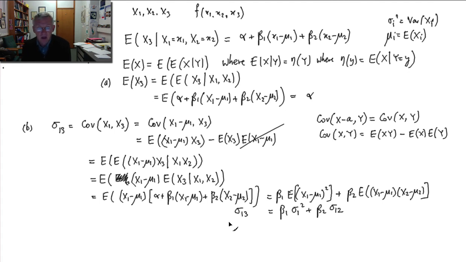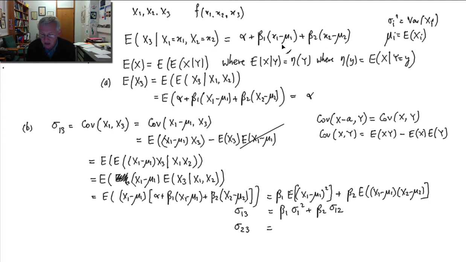Okay. Now to get the equations that you need, you need to repeat the argument and get an expression for the covariance of x2 with x3. Now you could do that by just repeating this whole argument with a 1 here instead of a 2, but there's a symmetry in this.